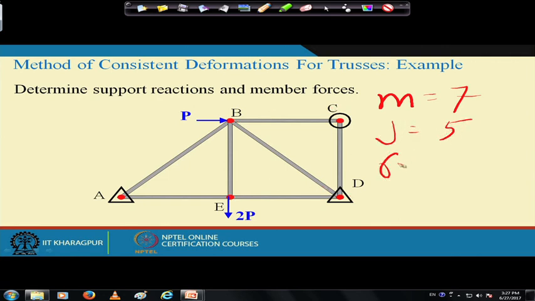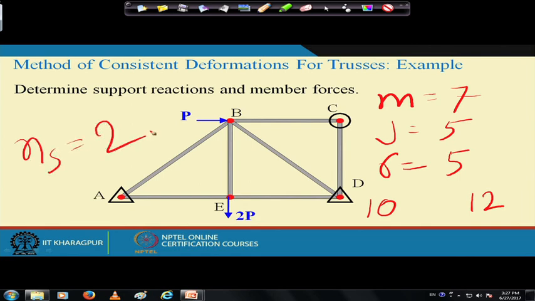For reactions, here you have 2 reactions, 4 reactions, and then we have 1 reaction here, so a total of 5 reactions. The total number of equations available is 5 into 2, 10, and the number of unknowns is 7 plus 5, 12. So 12 minus 10 gives Ns equal to 2. So the first step is to determine the static indeterminacy.